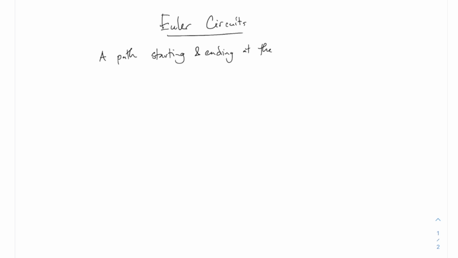A path starting and ending at the same vertex, which uses each edge exactly once. It covers all the edges, and it does not hit any edge more than once. All right, that's called an Euler circuit.